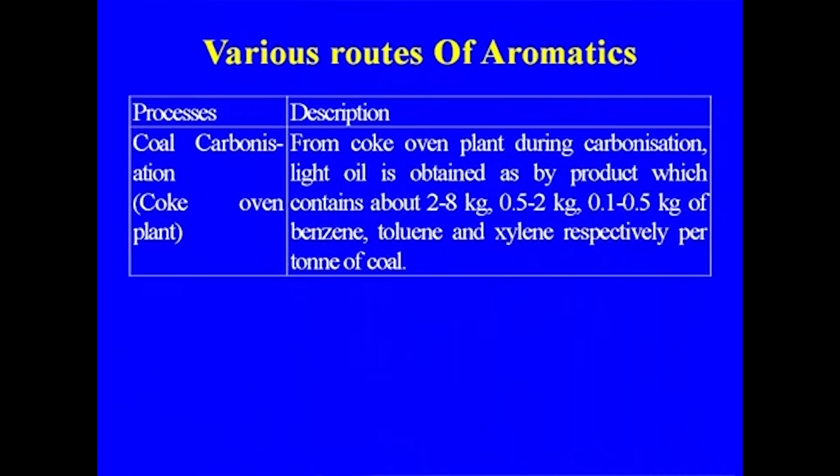This is the amount of aromatics we get per ton of coal. Definitely this is a very small quantity, but before the coming of the catalytic reforming process, this was the source available for getting aromatics, which had large applications.